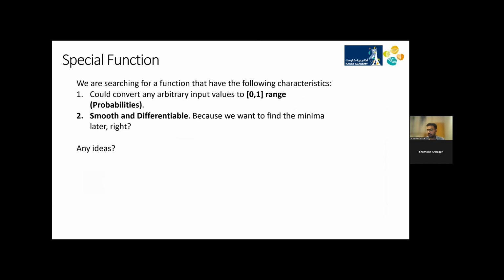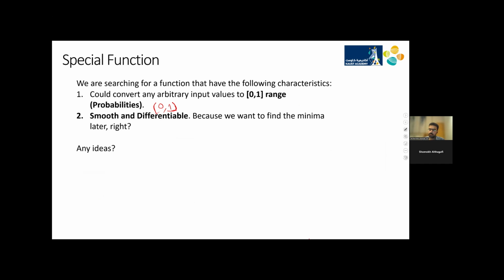All right. So now let's go towards the squashing function. We can actually use any function, but it just needs to satisfy these two characteristics. One, the output should be between 0 and 1. Why? Because we want these to be probabilities.